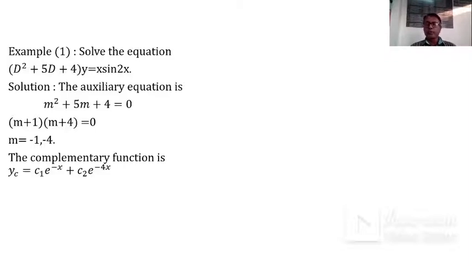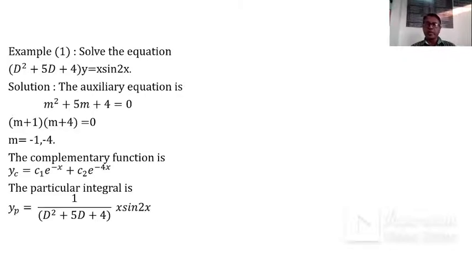Now we want to find the particular integral yp is equal to 1 upon f of D operate on q of x, and this is equal to 1 upon D square plus 5D plus 4 operate on x sine 2x. Now here q of x is x sine 2x, which is of the type x into v, where v is sine 2x, and here f of D is D square plus 5D plus 4.